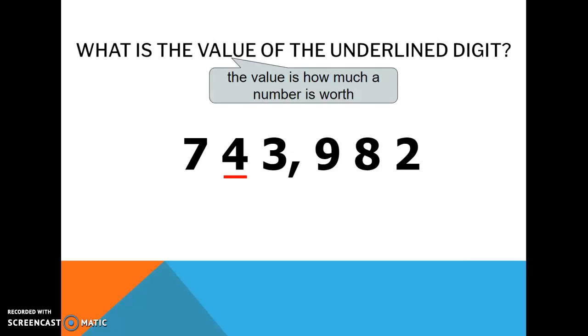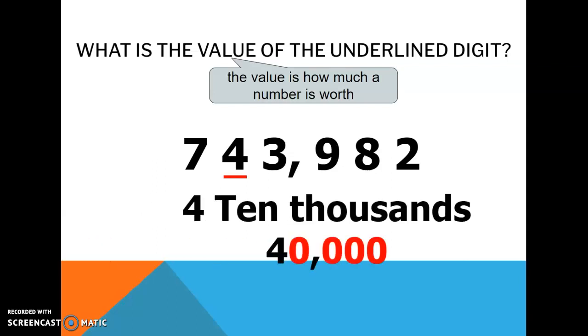What is the value of the underlined digit? Remember, the value is how much a number is worth. So the 4 is the underlined digit, and I'm thinking the 4 is in the 10,000s place. So 4 10,000s equals? 40,000. Notice that value is written using numbers.